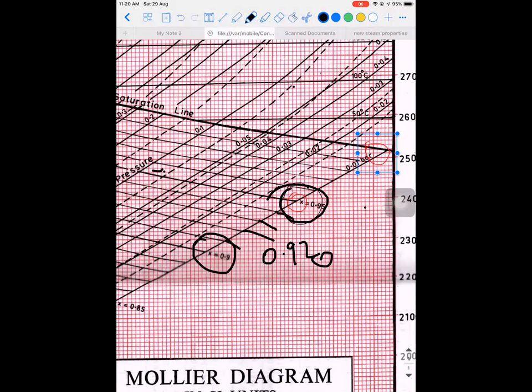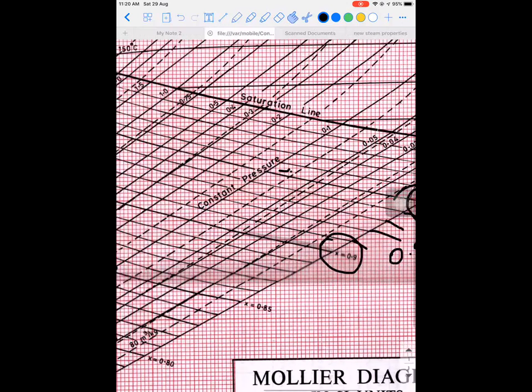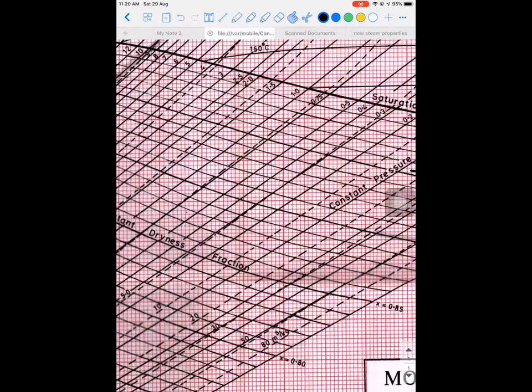Okay, we cannot give a number for each one, it would be clumsy. So this is the 0.9. Now I'm highlighting this 0.9. Yes, sir, constant dryness fraction line. So I will go like this.